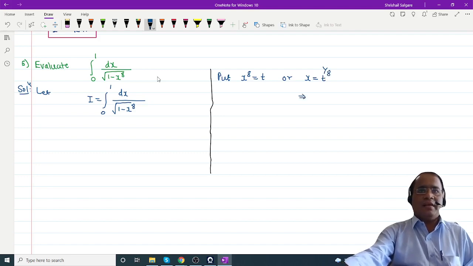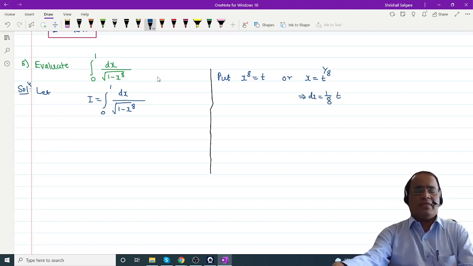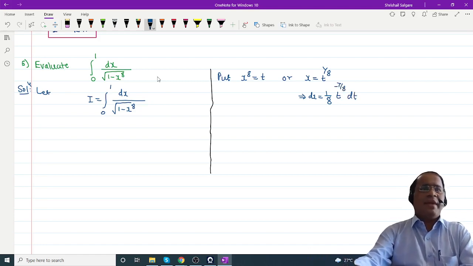That's why this dx comes as 1 by 8 t raised to 1 by 8 minus 1. What will it come? Minus 7 by 8. Okay. I think the limits remain the same, no? x 0 and 1, t also 0 and 1.